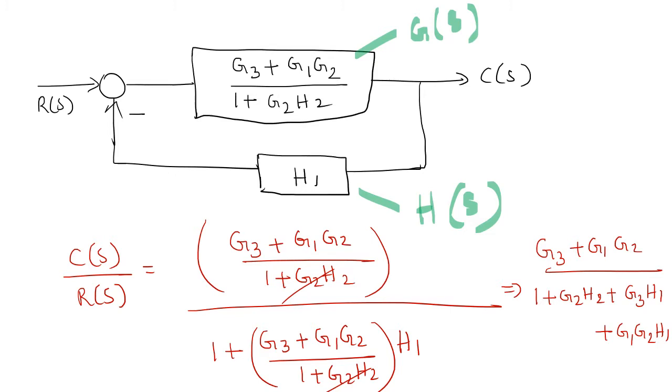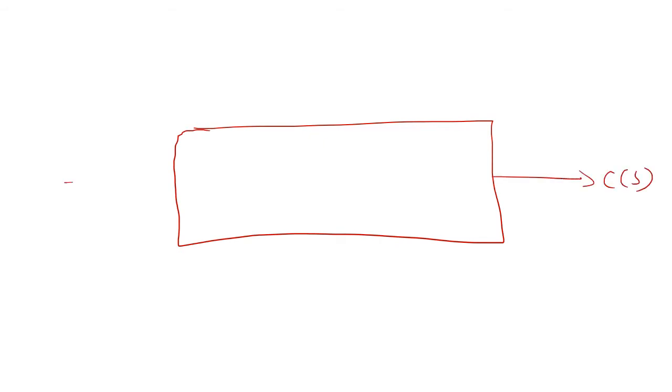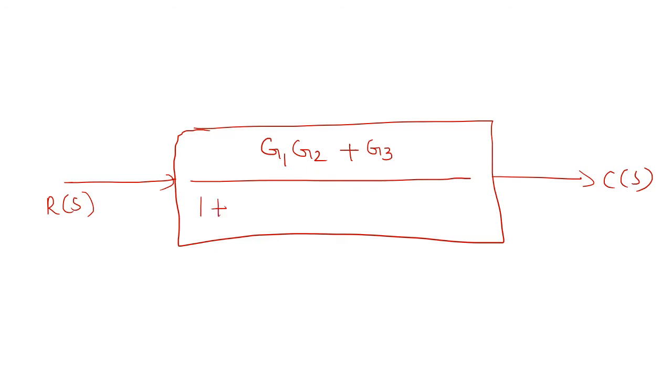I can redraw this with a single block, which is C of S, and here this is R of S, and the transfer function we have obtained is G1 G2 plus G3 divided by 1 plus G2 H2 plus G1 G2 plus G3 into H1. This is our transfer function.